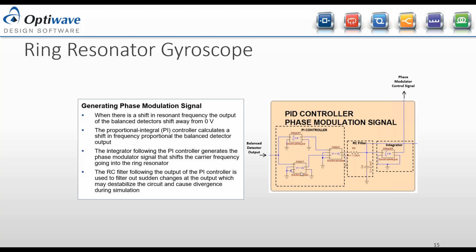We're using a signal proportional to the error signal and the integral of the error signal, and then adding them together. We have an RC filter at the end to make sure that our output is smooth. And we don't want the controller to swing things too fast that might make the simulation and the circuit unstable.